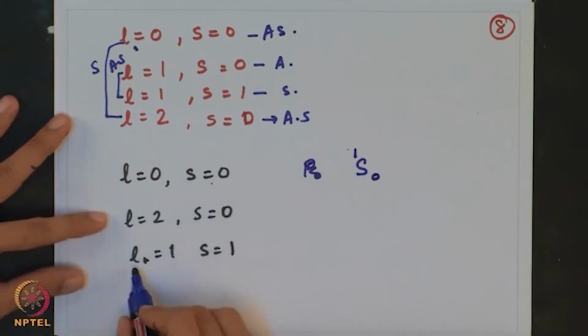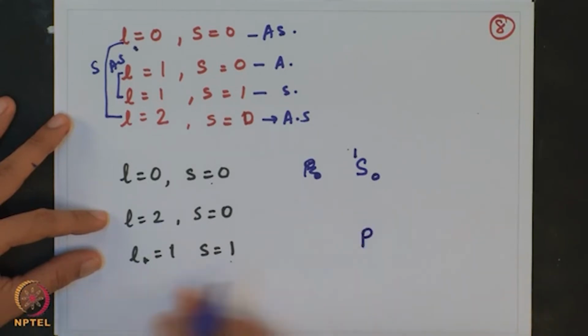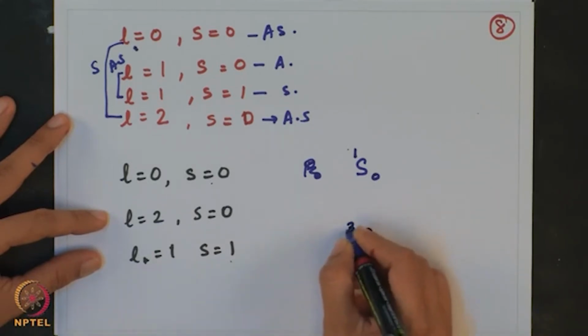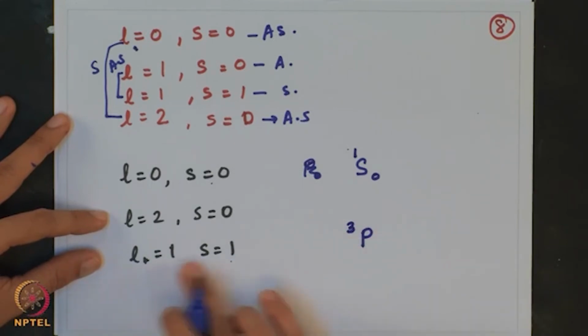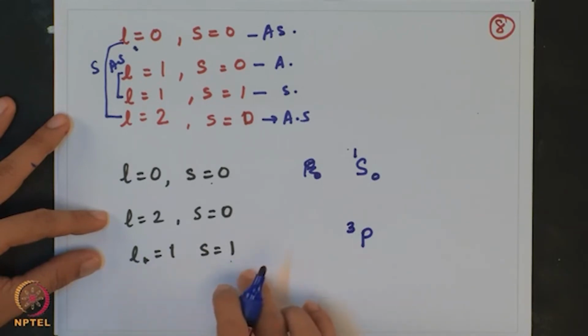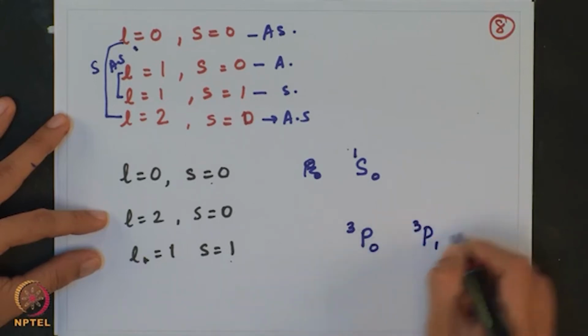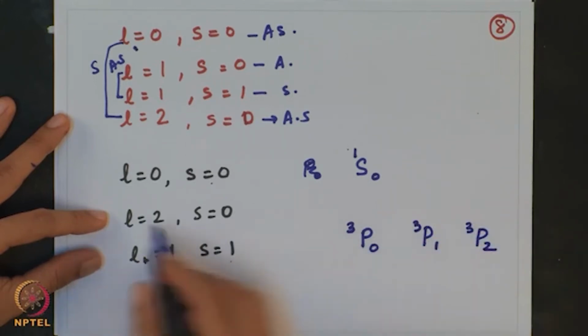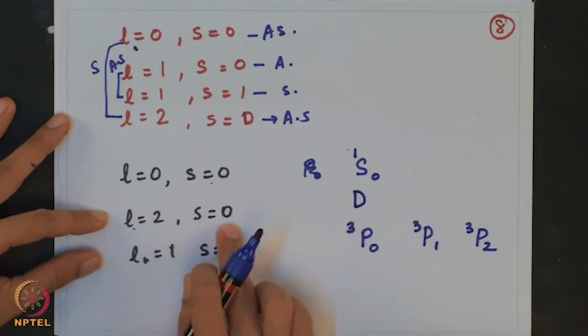Okay. Then you come to L is equal to 1, S is equal to 1. So, there will be a P state and here S is 1, so this will be 3. The combination for J can be 0, 1 or 2. So, I will write here 3P0, 3P1, 3P2. Similarly, for this there will be only one possibility.